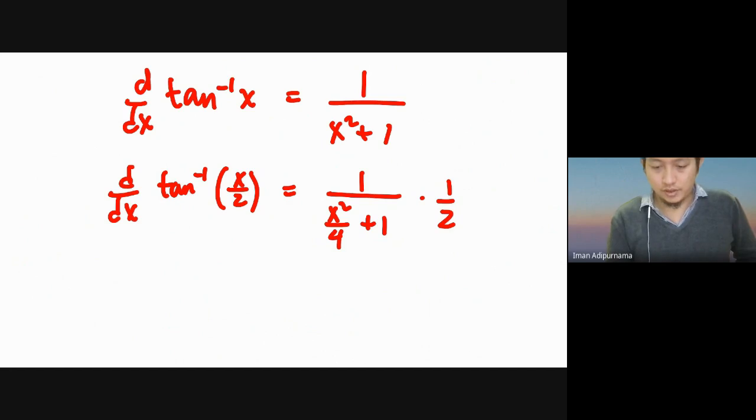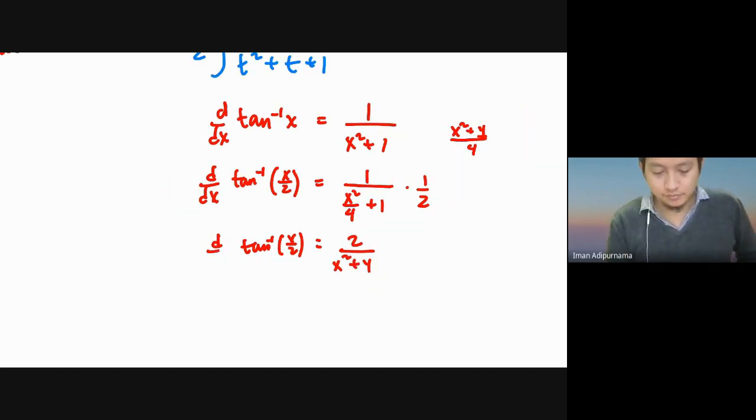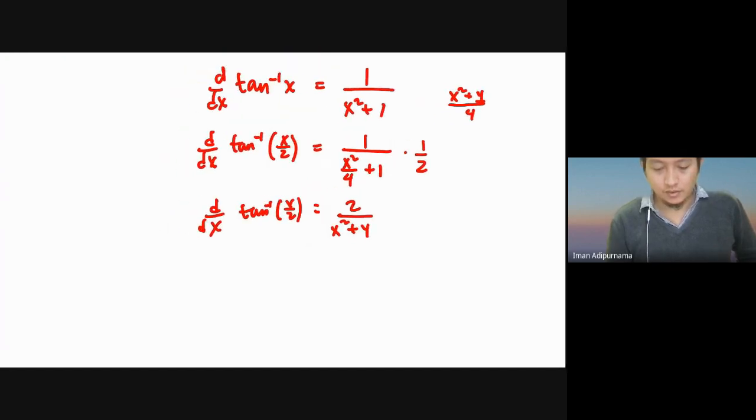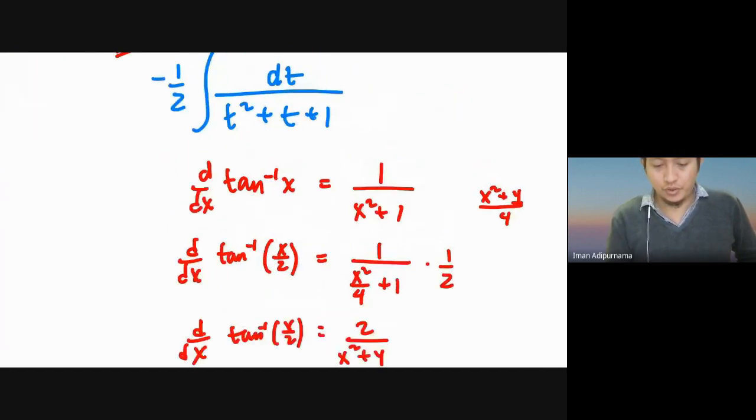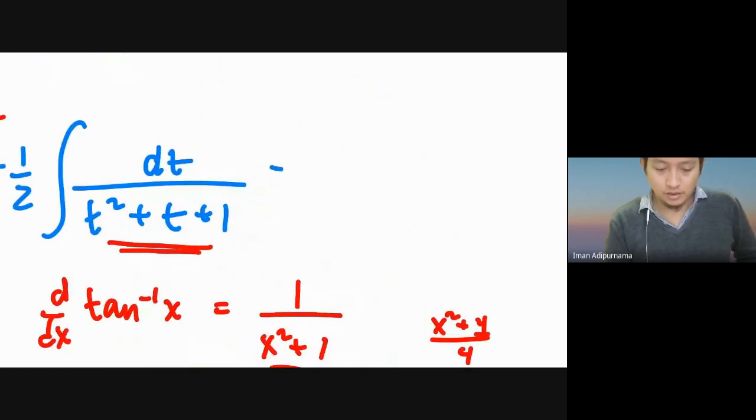Or we can write this in terms of 4 or 2 squared plus 4, right? So if we can take this form into this x squared plus 1, can we do that?